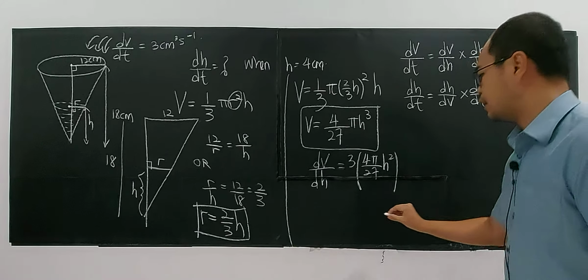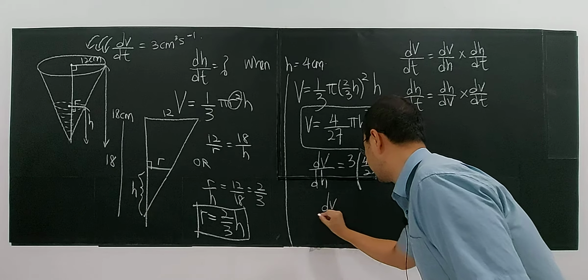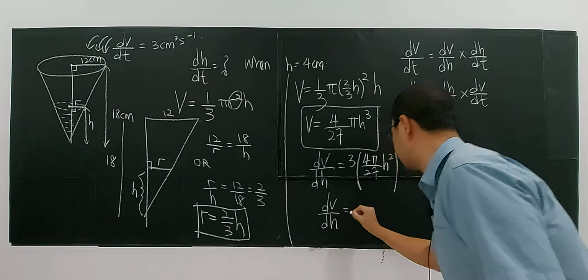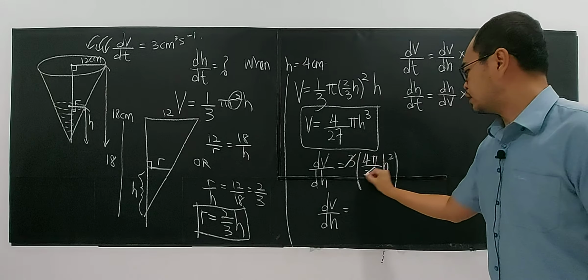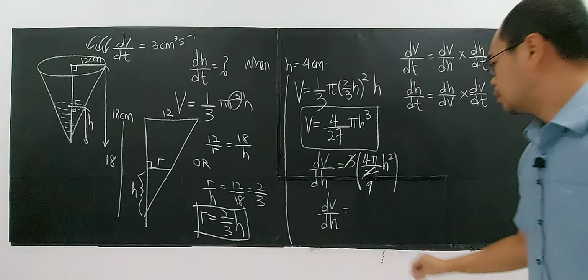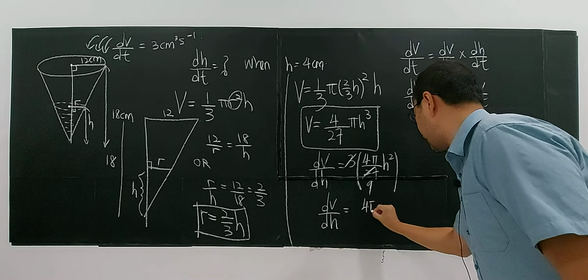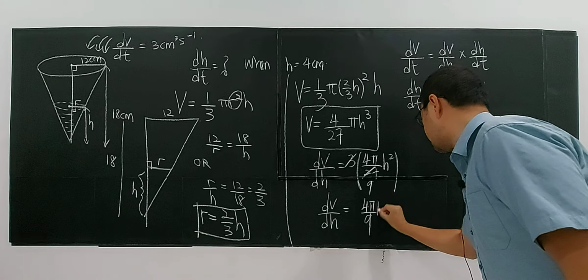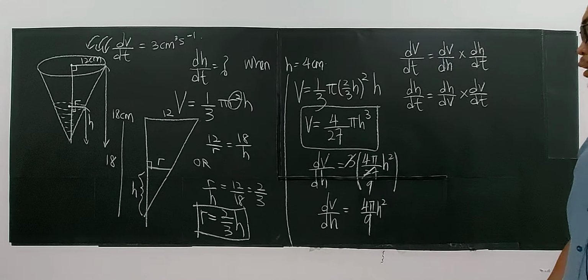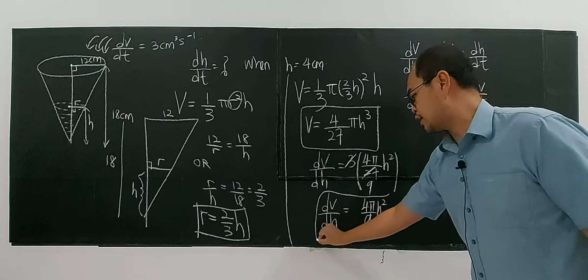So your dV dH will have 3 over 27, which is 4 pi H square over 9. So this is your dV dH.